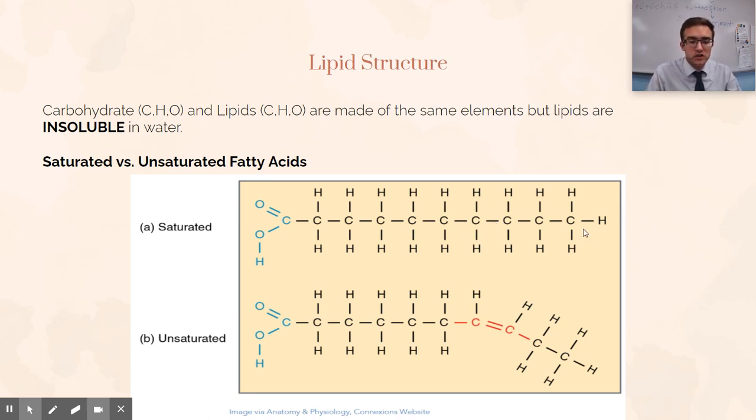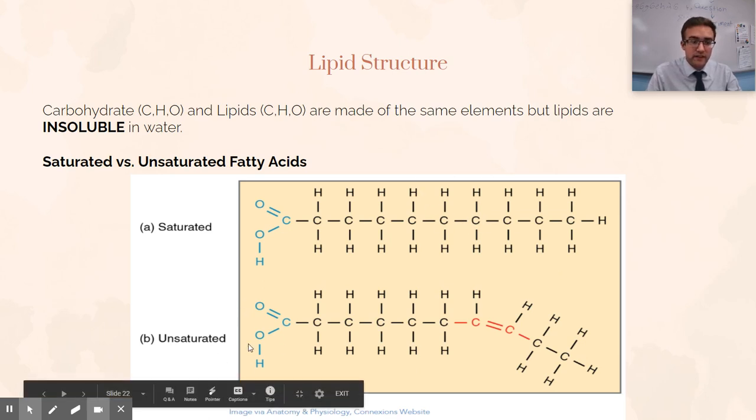So there's as much hydrogen as we can fit in a saturated fatty acid. An unsaturated fatty acid is not filled with hydrogens. There's a double bond here, which causes a kink to form, and it's not filled with hydrogens.